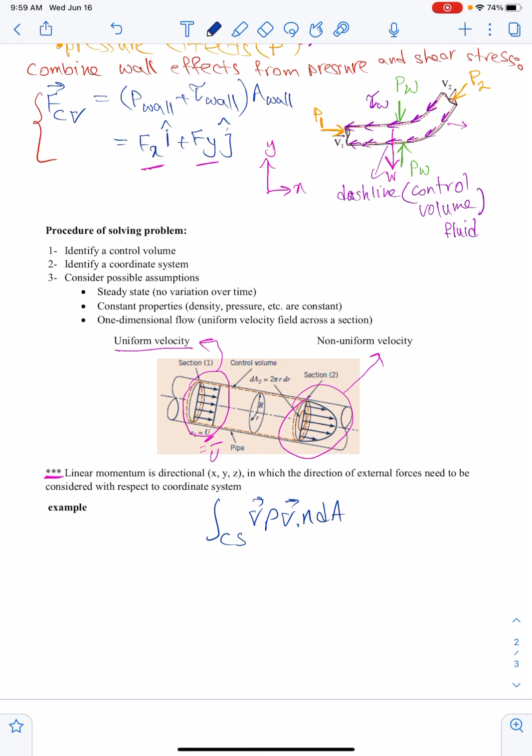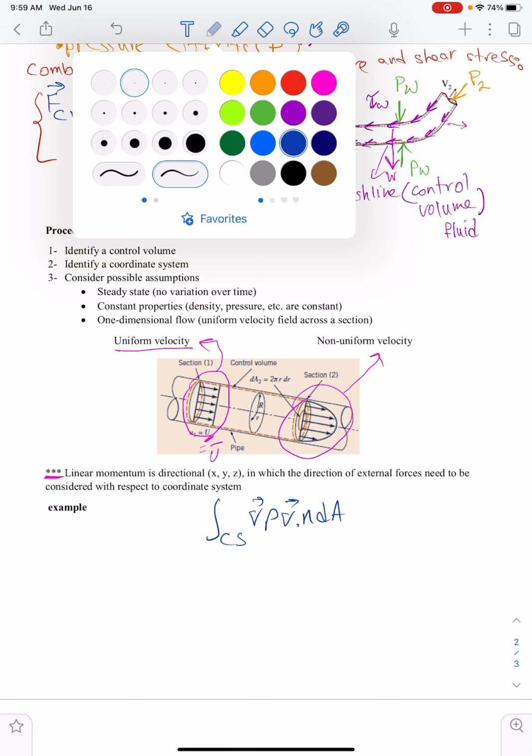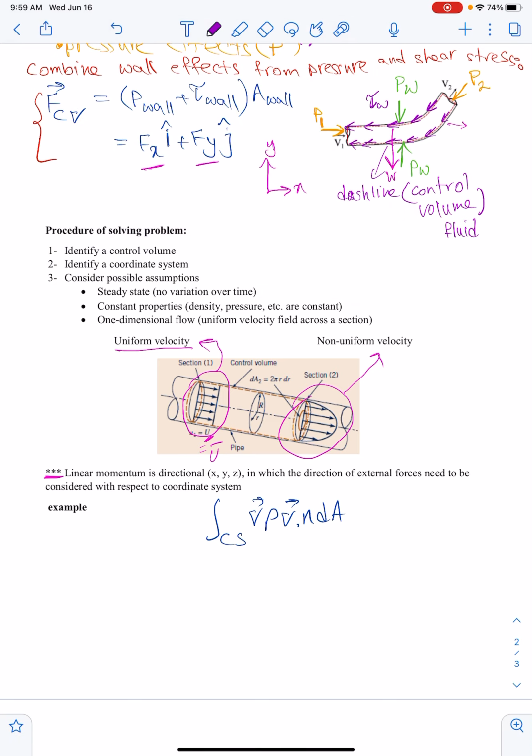This V right here refers to the direction of flow and its components.